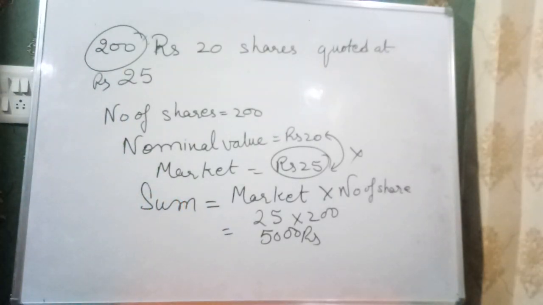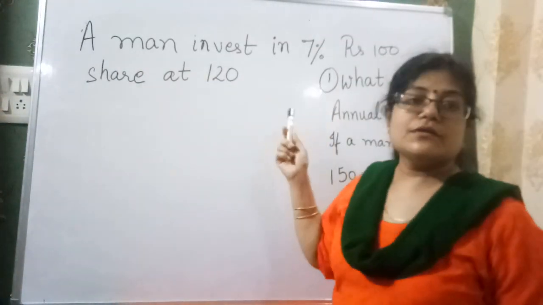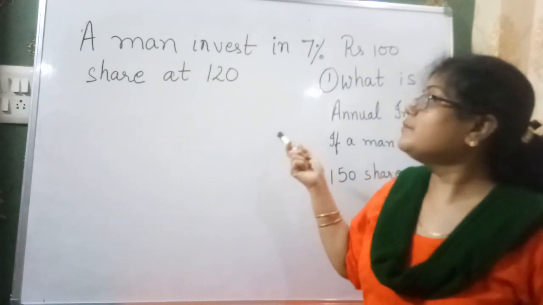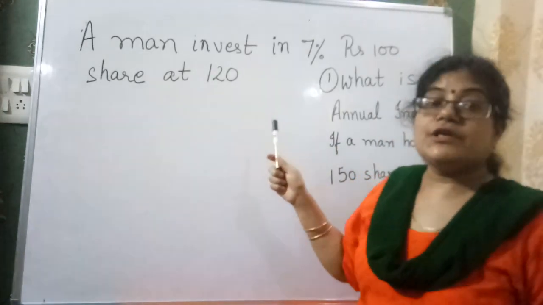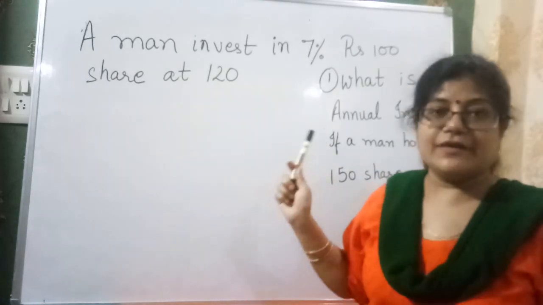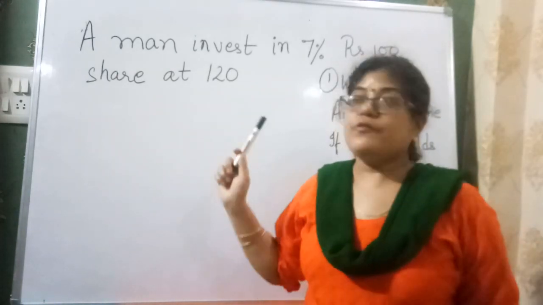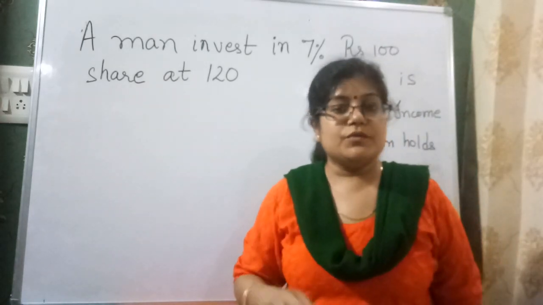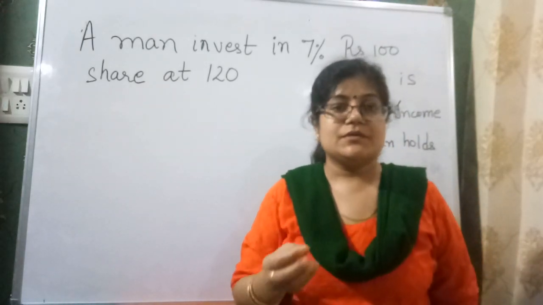Just note it down. Now just look at another type of question on your blackboard. In this question I am giving you the concept of another topic, so please be attentive for some time. Before discussing this question, I want to share with you some concepts.